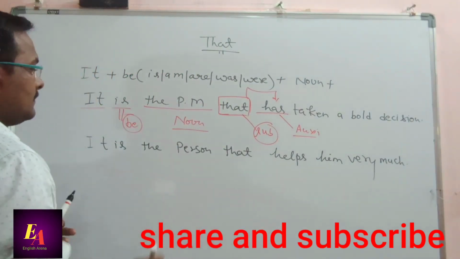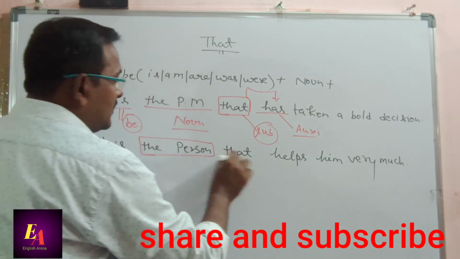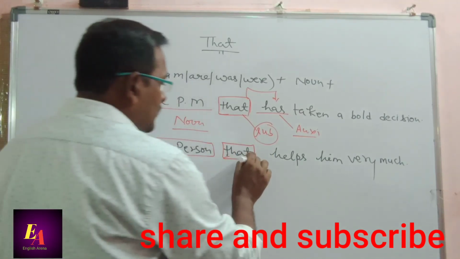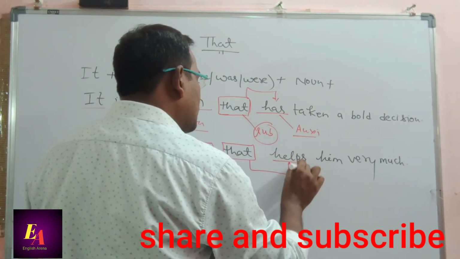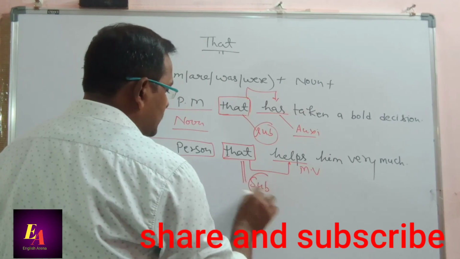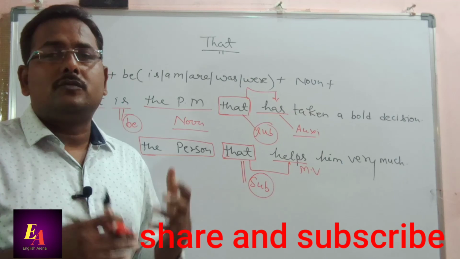Here you can see that this is the person, the antecedent of that, and the structure it is. And here after that this is a main verb, so this that actually comes at the place of subject. So friends, I hope you understand what I am trying to show you.